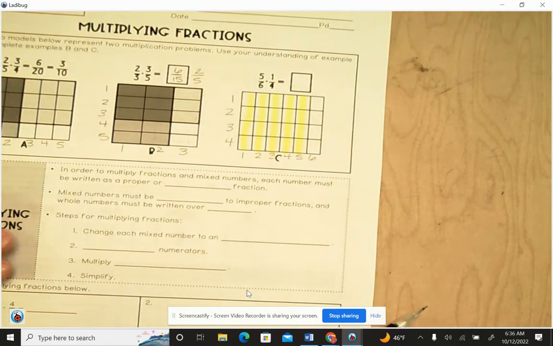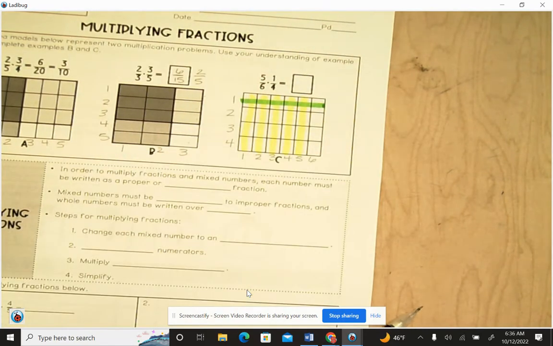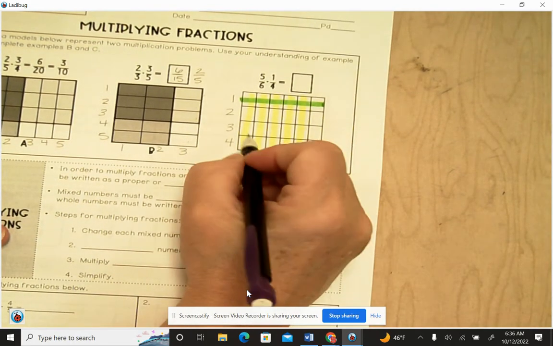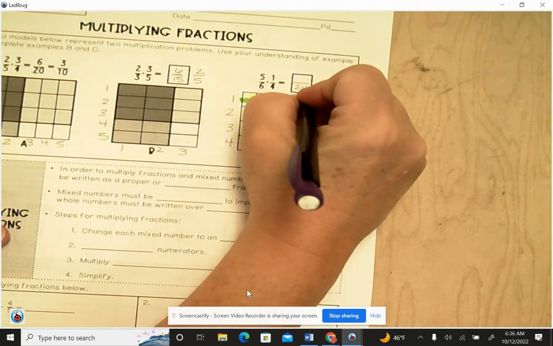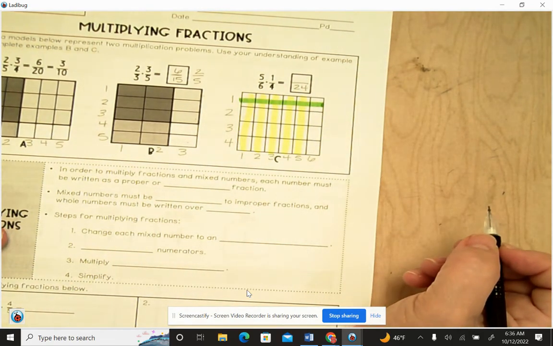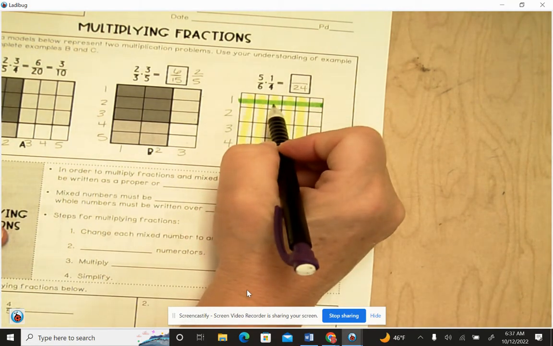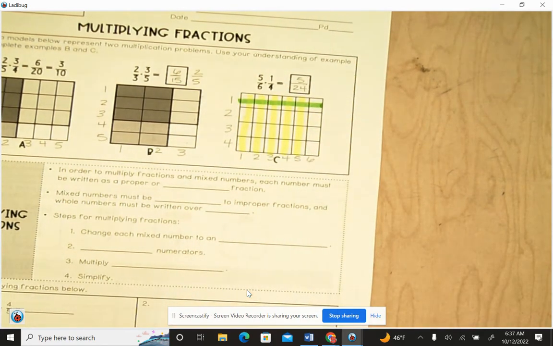I'm going to take a different color and shade the 1/4. Now, how many pieces altogether do we have? 1, 2, 3, 4, 5, 6 times 1, 2, 3, 4 is 24. And how many of those are shaded? 1, 2, 3, 4, 5. So the answer there is 5/24.